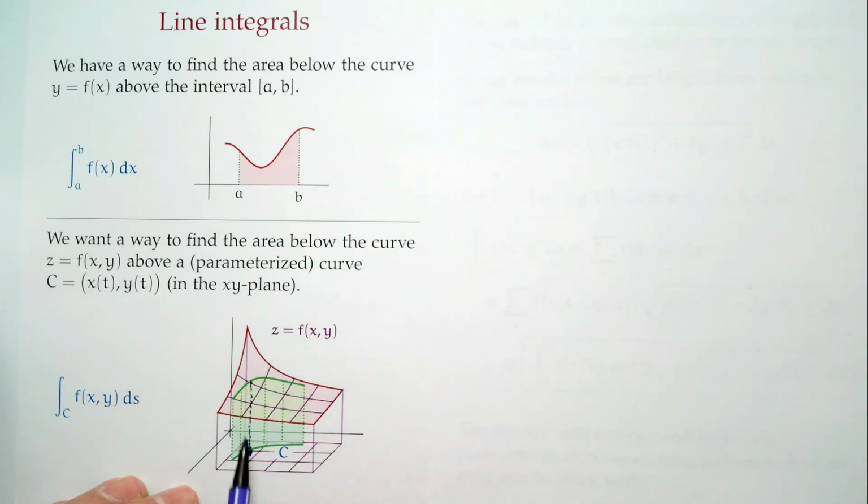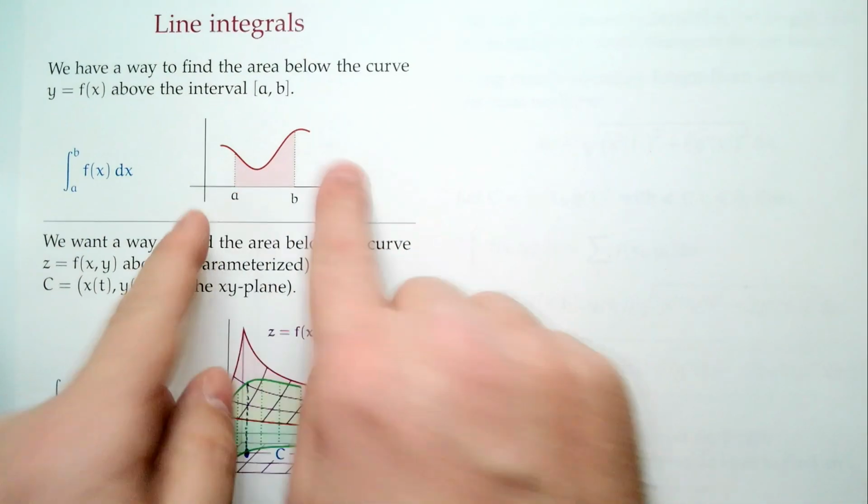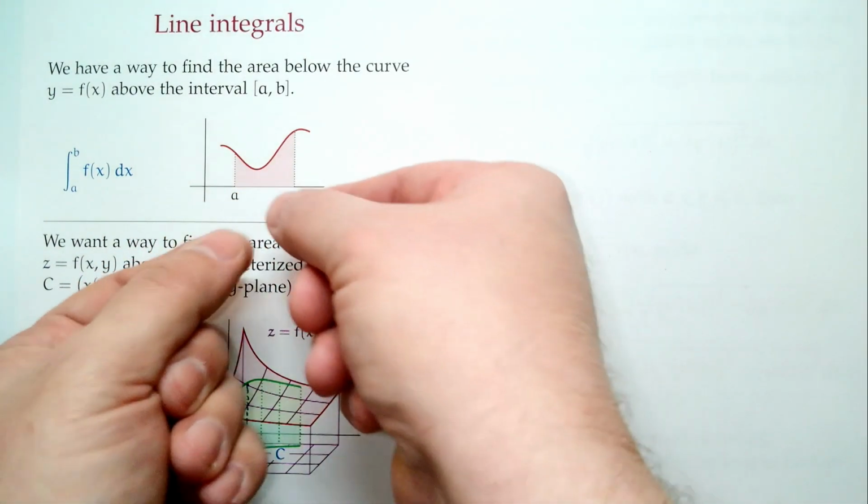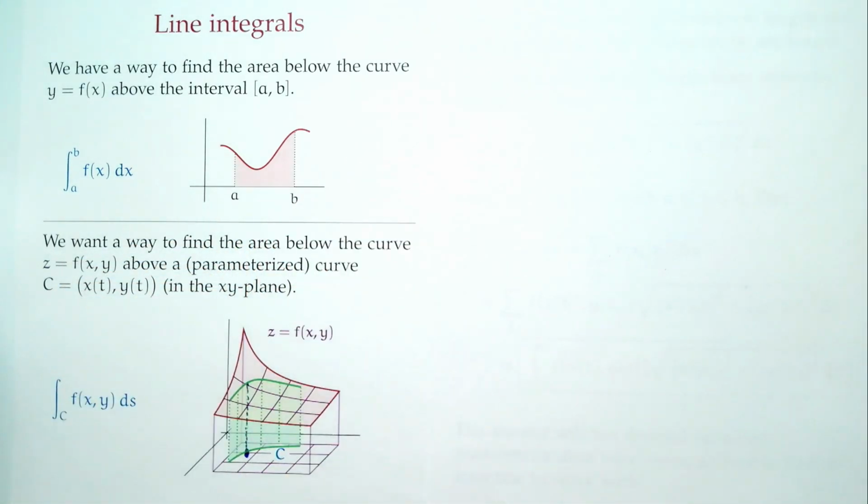So I'm going up to a surface, z equals f of x comma y. One way to think about it is that we took this flat thing and picked it up, curving the bottom and setting it into a higher dimensional setting.